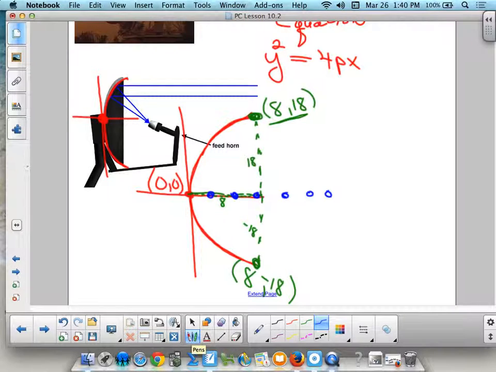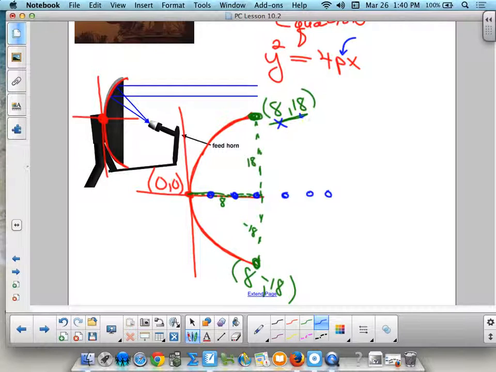Here's p right here. How do you get the p-value if you can't see the focus? Solve for it. But to solve for p, I need x and y. Do I have an x, y? X, y, right here.